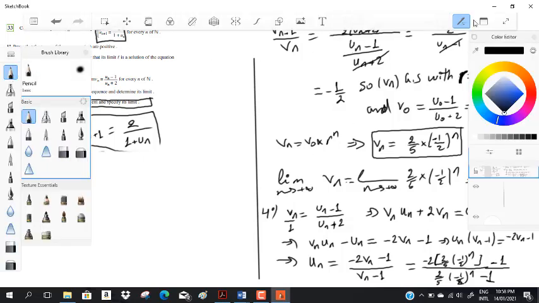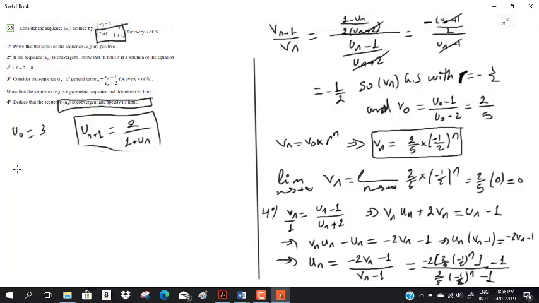So we obtained that Un equal, expanding, minus 4 over 5 into minus half power n minus 1 over 2 over 5 into minus half power n minus 1. This is Un in terms of n.